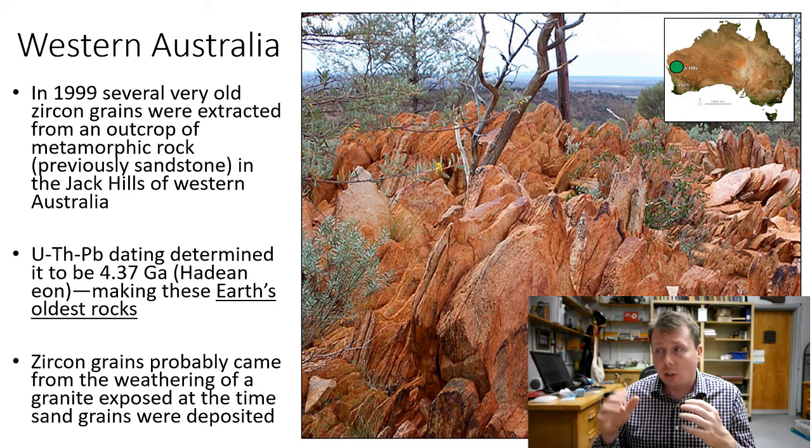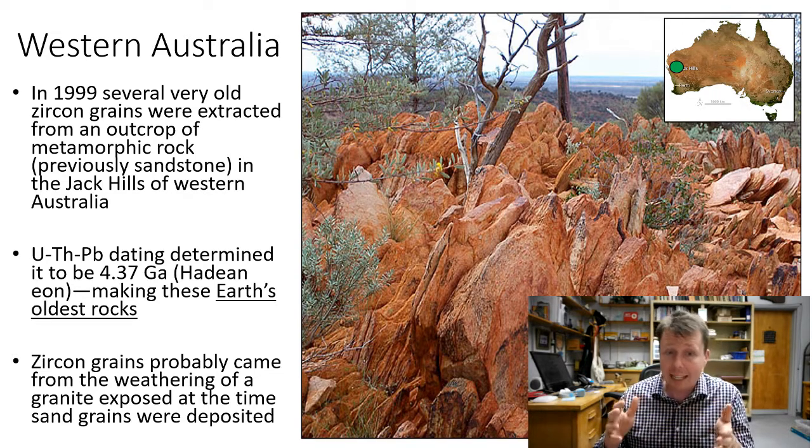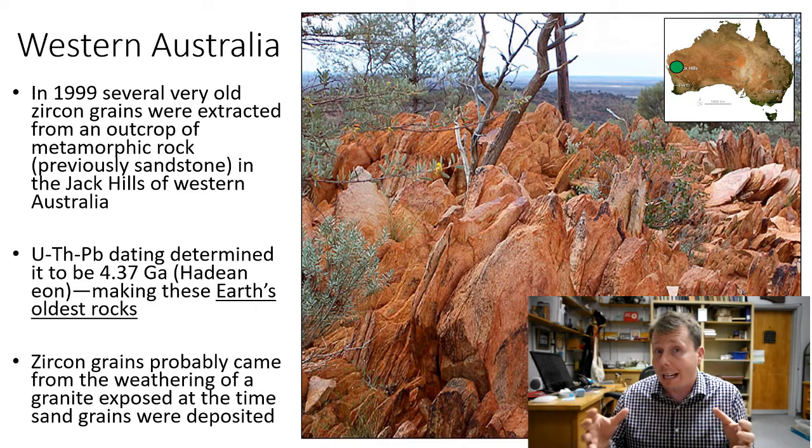So the story here is that this grain of zircon was originally in an igneous rock. That igneous rock broke down, weathered, and eroded. It was converted into a sedimentary rock like a sandstone. That sandstone, over the period of its existence on the Earth's surface, eventually got metamorphosed because the Jack Hills region is a metamorphic rock outcrop.